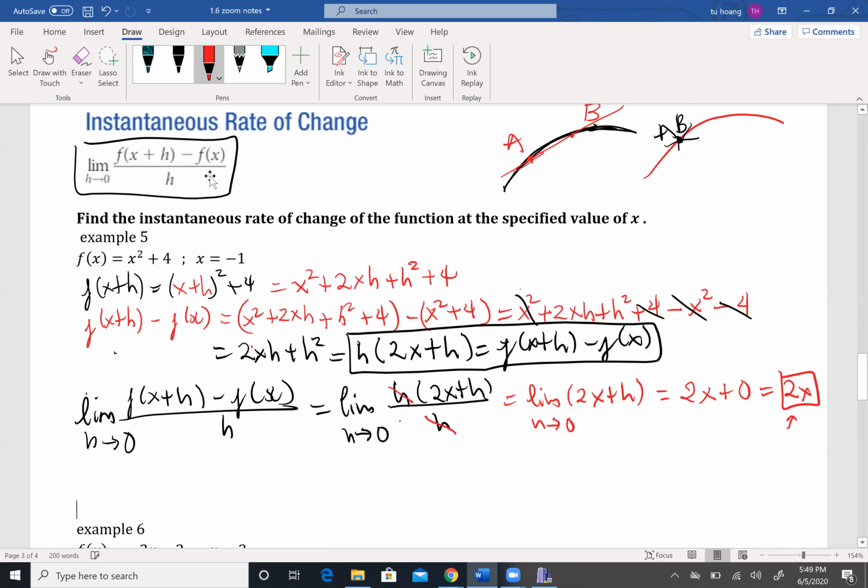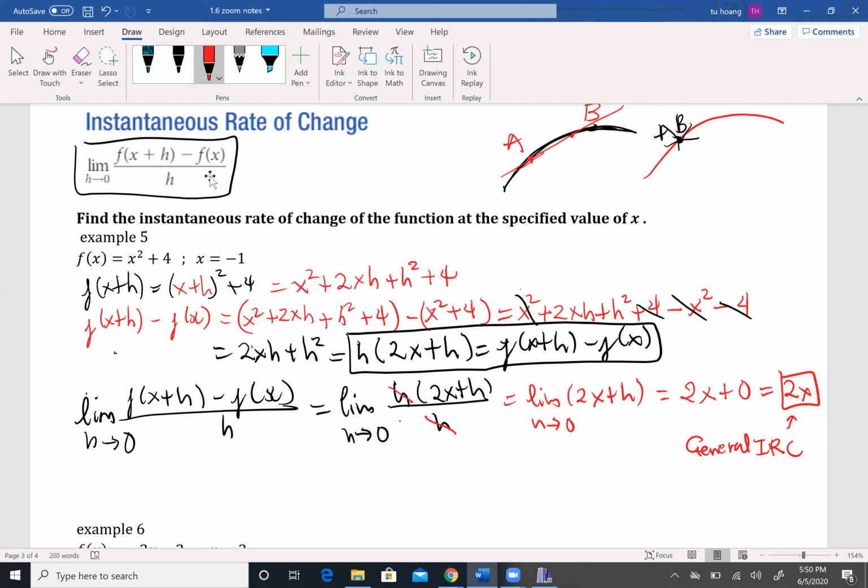This is the general instantaneous rate of change, instantaneous rate of change. Okay.